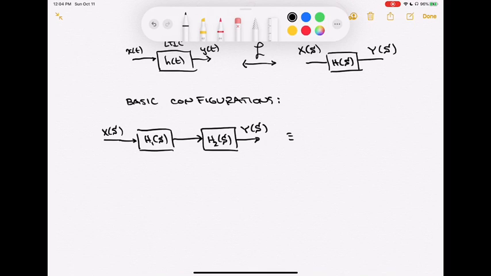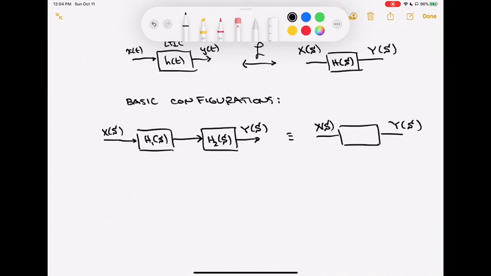What is the single block equivalent of these? Well, it still has an input x, and if it's equivalent, it should still have the output y of s. I just need to find the transfer function for the single block.